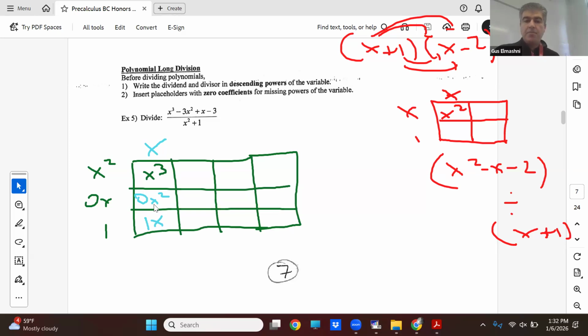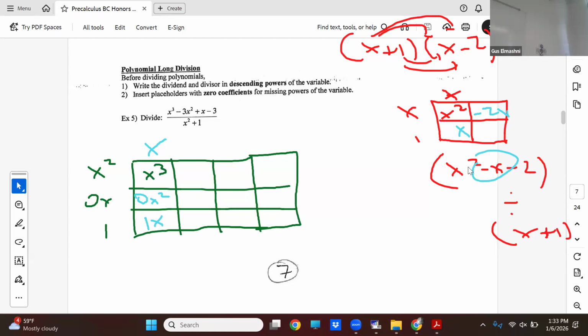Okay. Now here's what does get a little bit confusing. In the final outcome, I'm dividing x squared plus 1 into this. I need a negative 3x squared. Notice in this box over here, remember we had an x and a negative 2x, right? Remember what those two combine to? Negative x, right? So look over here at the negative 3x squared.